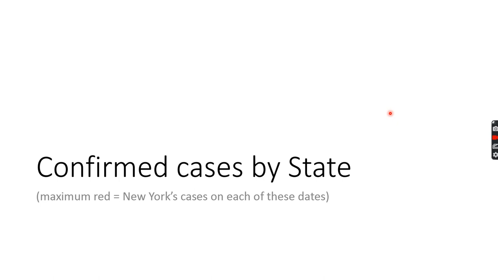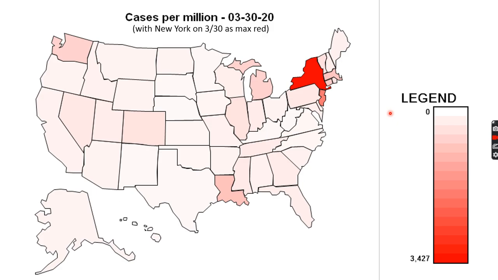Okay, so in this next section, I'm going to be looking at each state's cases relative to New York's cases, because New York is the worst infected state in the nation, and so it just helps to know how each state is doing relative to New York.